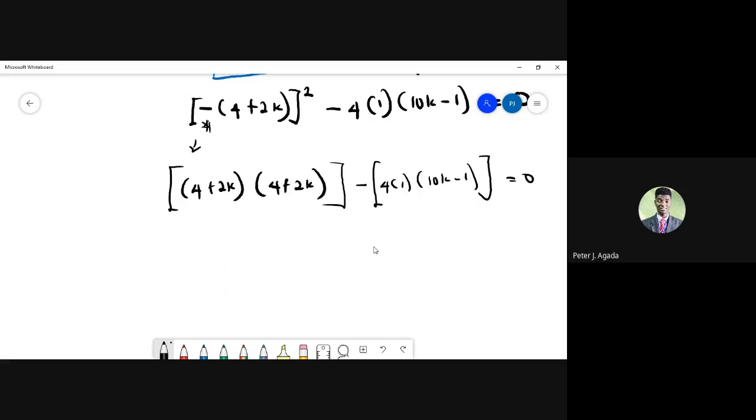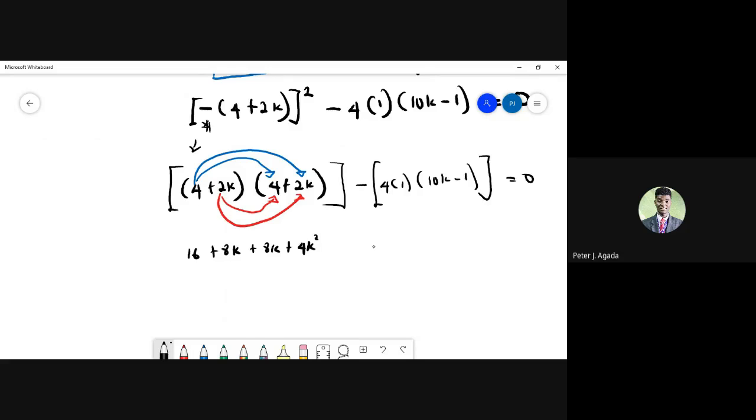From this part, if you use the FOIL method, remember, all you have to do is multiply this by this, the same thing. So I'll just use colors like this. We can have this one here and the second one like this. Basically, what we're having is 4 times 4, that's 16, plus 8k, plus 8k, plus 4k squared.